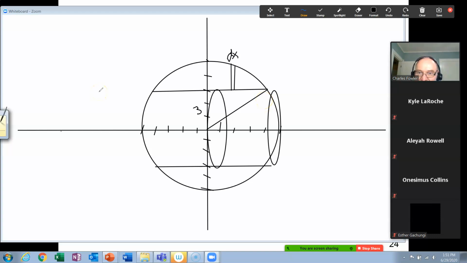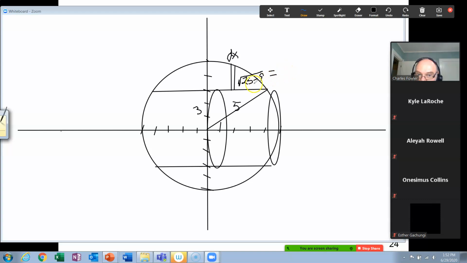So what we need to do first is find out what this x value is. And that's why I drew this line, because this line is the radius of the sphere, which is 5. This line is the radius of the cylinder, which is 3. So this up here has to be the square root of 25 minus 9, which is, hopefully you see that.